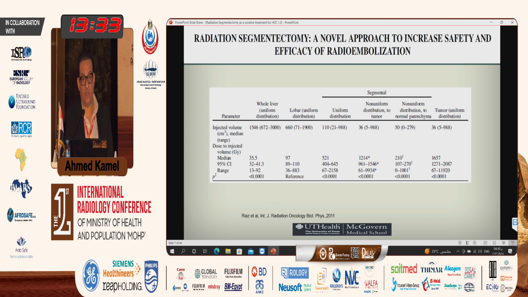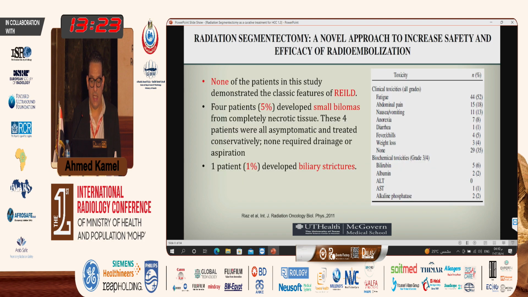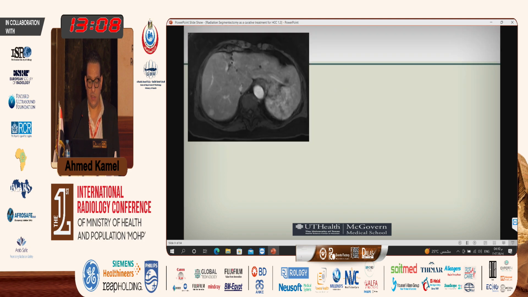So they're using 3 or 4 times the recommended dose. The median survival of these patients was pretty high, and there were no significant side effects. Only 5% had small biliomas that were treated conservatively, 1% had biliary strictures, and there was no RILD, which is radioembolization-induced liver disease.